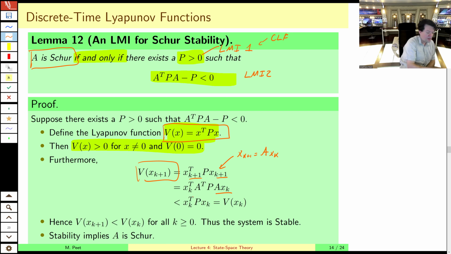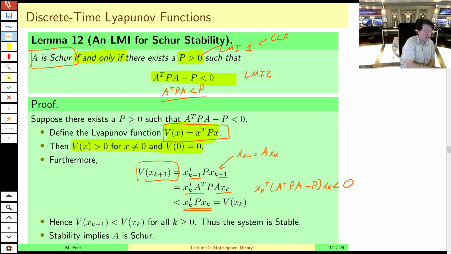And so we get A x of k transpose P A x of k. And by our Lyapunov inequality, this is equivalent to A transpose P A less than P, right? By the definition of the matrix inequality, we have that this is strictly less than this term here, x k transpose, A transpose P A minus P, x k is less than 0.